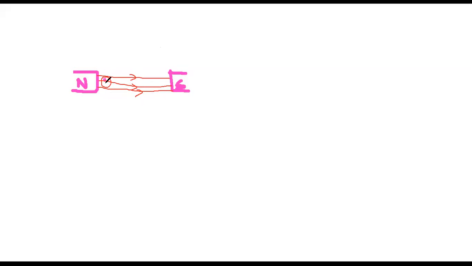We know the direction of the magnetic field remains constant. It travels from the north pole to the south pole. This is the direction of flux density.